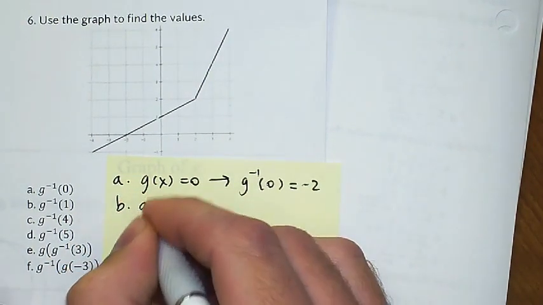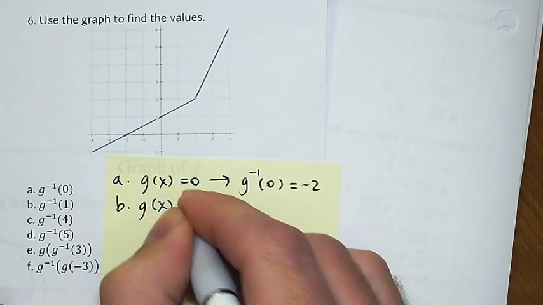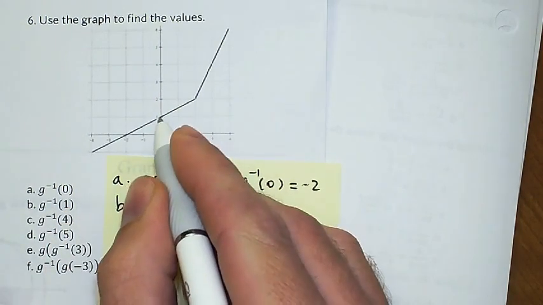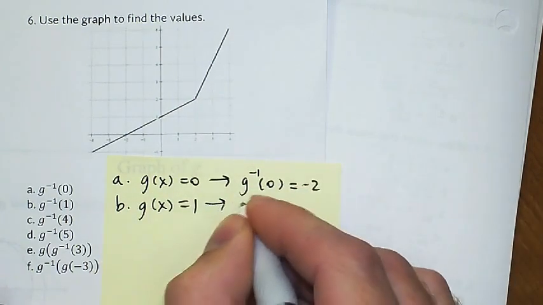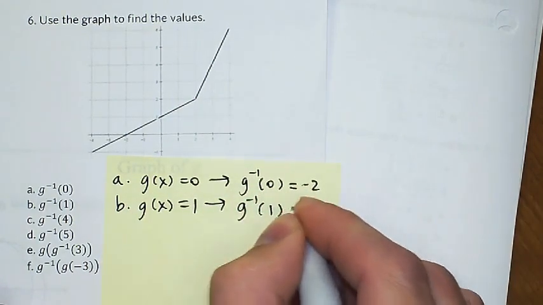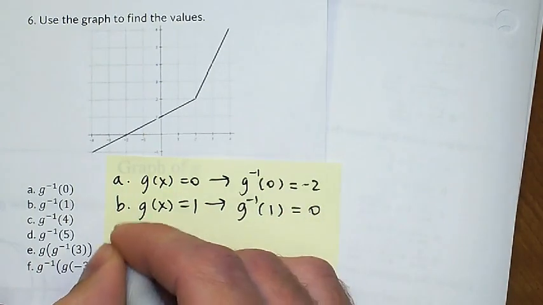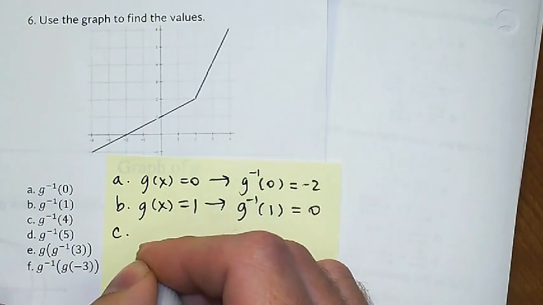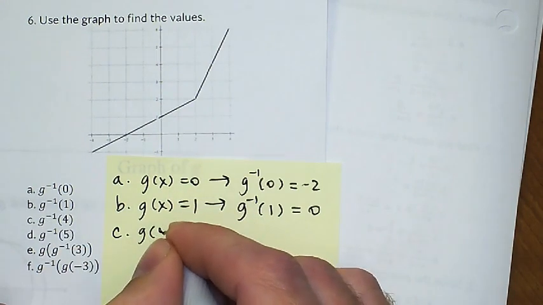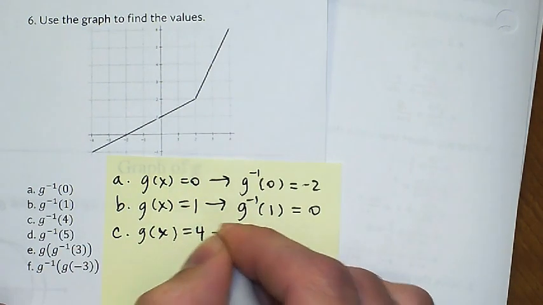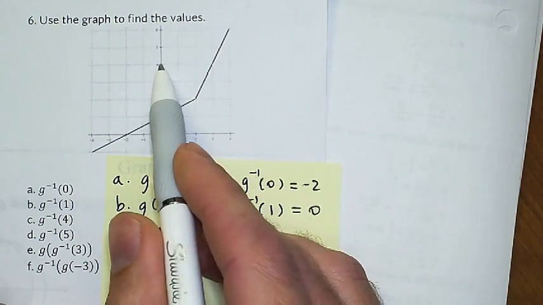For b, g of x equals 1 is what I'm trying to find. Okay, that's it here where y is equal to 1. That traces back to x equals 0. So I'm going to say g inverse of 1 equals 0. And for c, g inverse of 4. So I'm solving where is y equal to 4. It would be up here, it looks like.